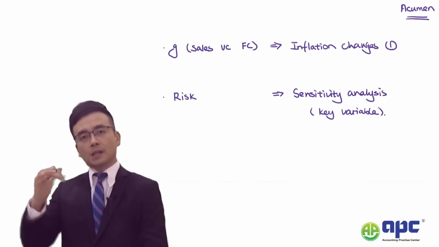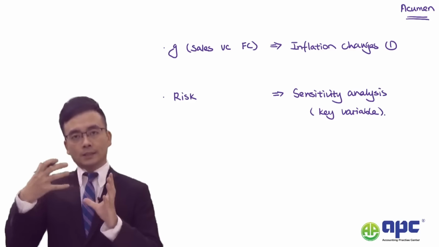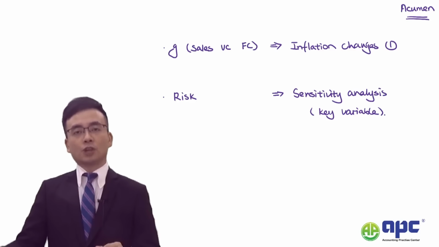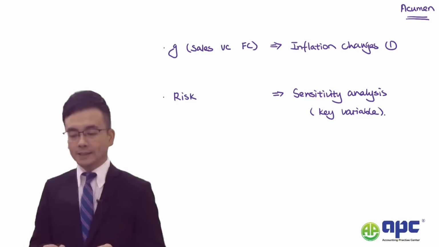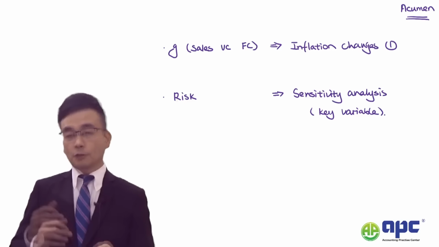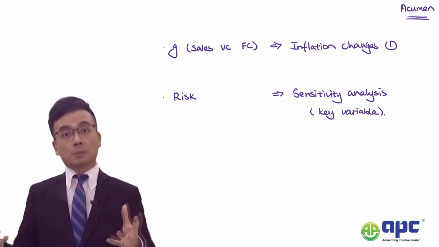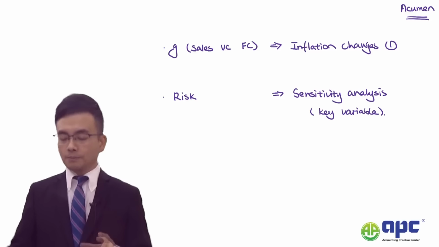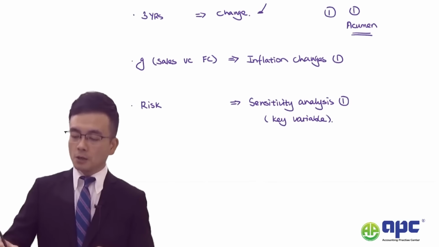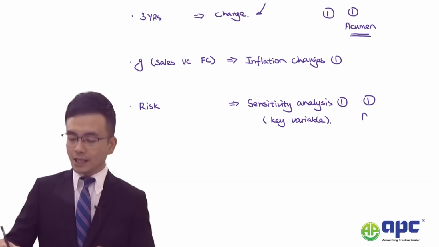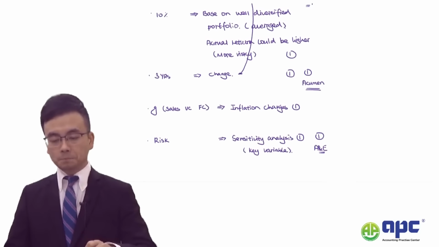So for example, the selling price and the cost elements could change. By what extent can they change before the NPV of a project or the value will be negative? Of course, you can also touch on discounted payback and also the payback period. It's entirely up to you though. So not only can you get one technical mark, but here, according to the marking scheme, you can also get one analysis and evaluation mark as the professional mark, the A&E mark.